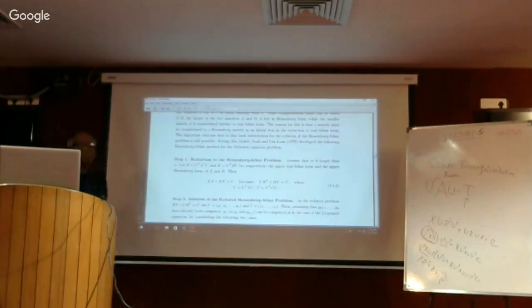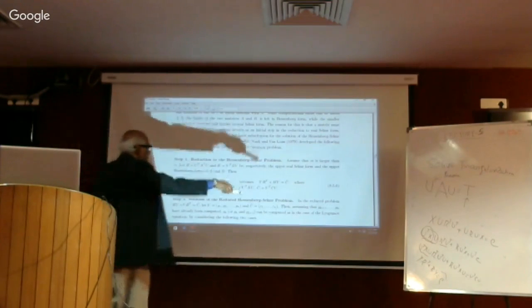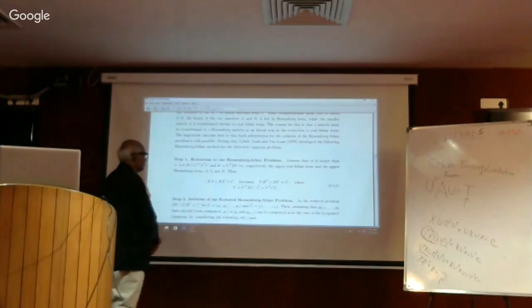Remember in the other case, Y was U transpose XU, but since there are two matrices involved here, one U transforms one matrix, and V transforms the other matrix. So Y has to be related to U and V both. You can do the simple calculation to see that this will happen.